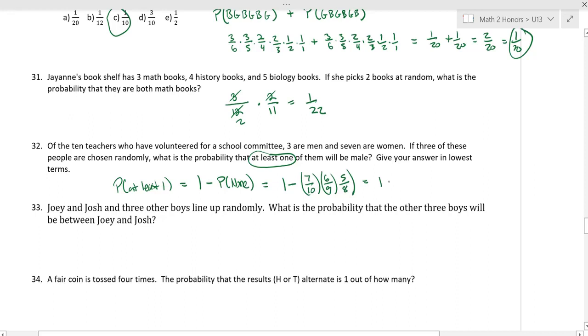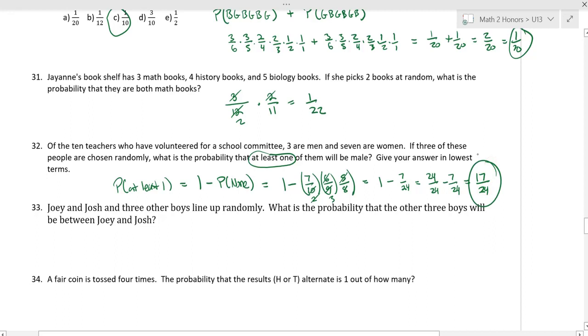If we reduce here, let's see, we have divide by 5. We could divide by 6, and we end up with 7 out of 24. 1 is 24 out of 24. And so we end up with 17 out of 24.